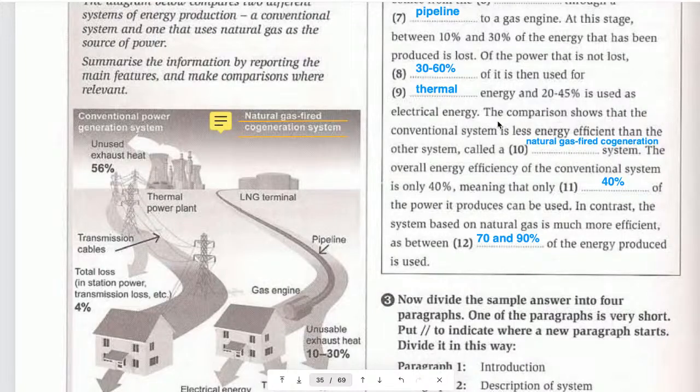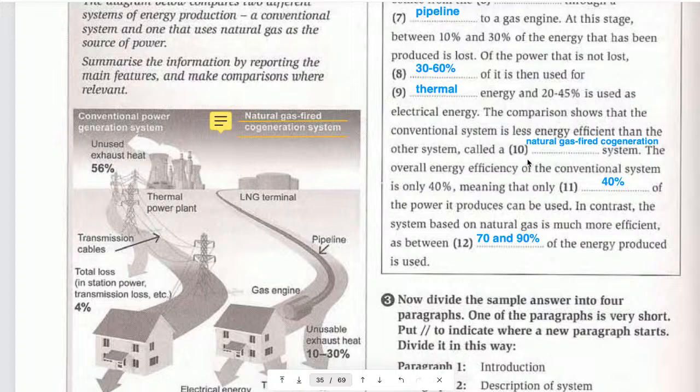All right, next. Quỳnh Hương, next one, the comparison. The comparison shows that the conventional system is less energy efficient than the other system called a natural gas-fired cogeneration system.